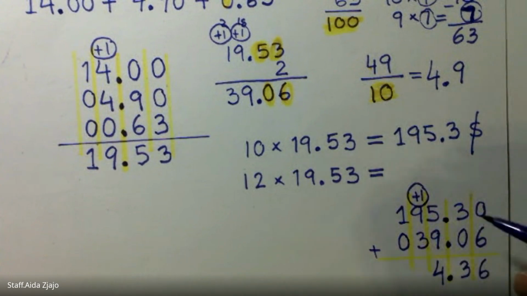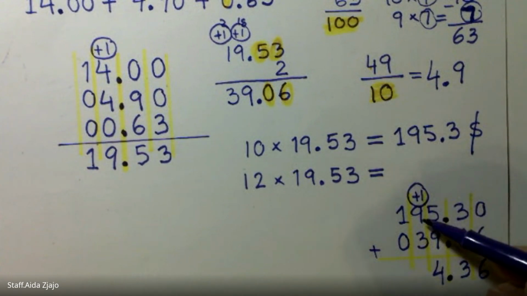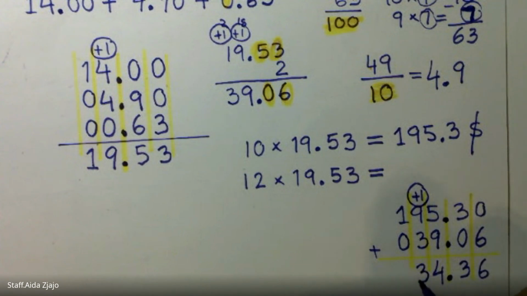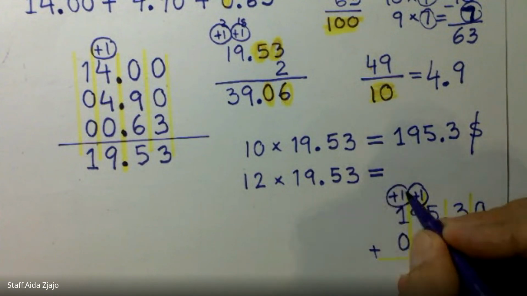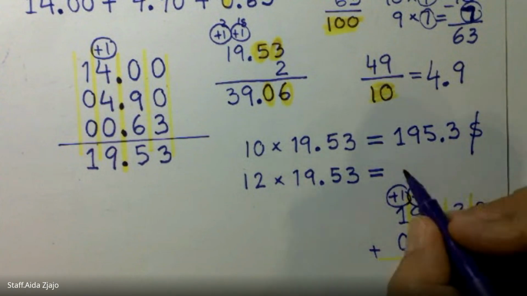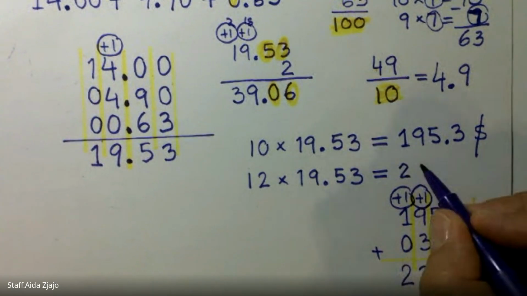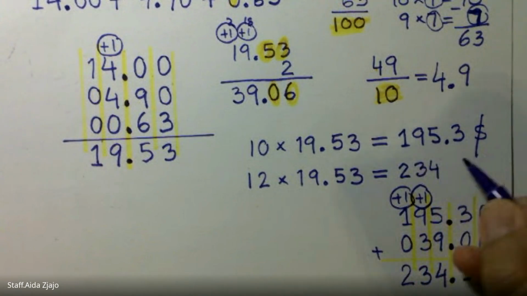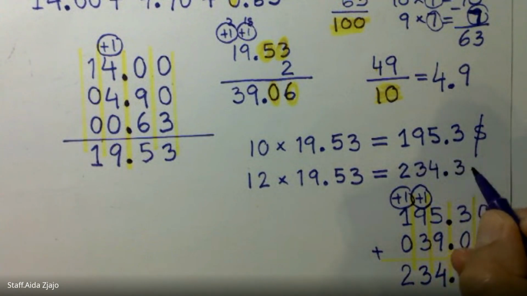Made 1 ten. 9 and 1 is 10, plus 3 is 13. I made one more hundred, and that is $234.36. So for 12 months it is $234.36.